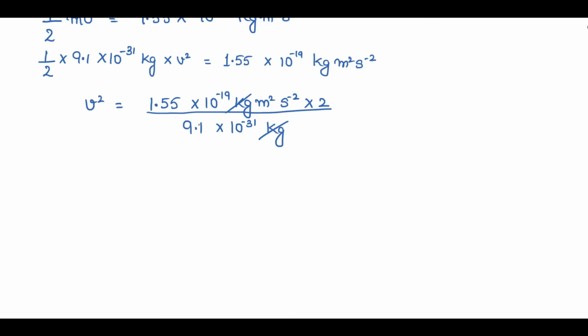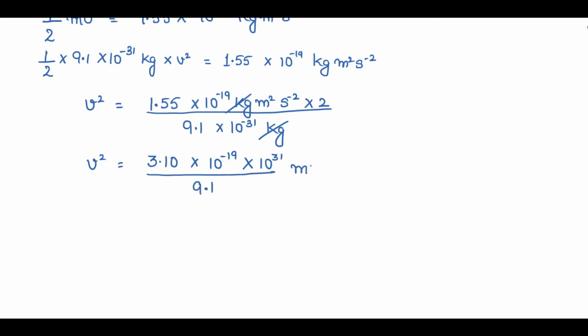1.55 into 2 is 3.10, into 10 raised to power minus 19, and this 10 raised to power minus 31. When I take this value to the numerator, it will change its sign. So 10 raised to power 31 divided by 9.1, right?